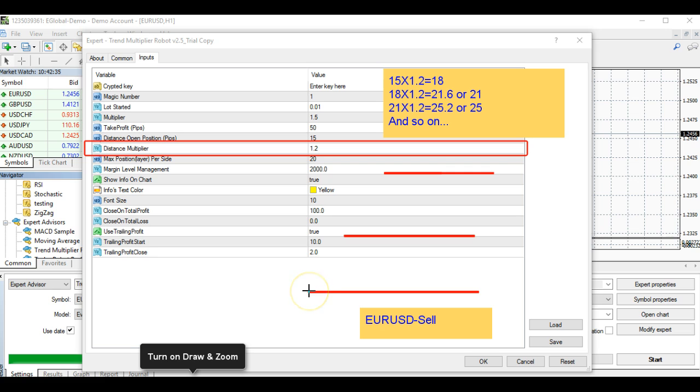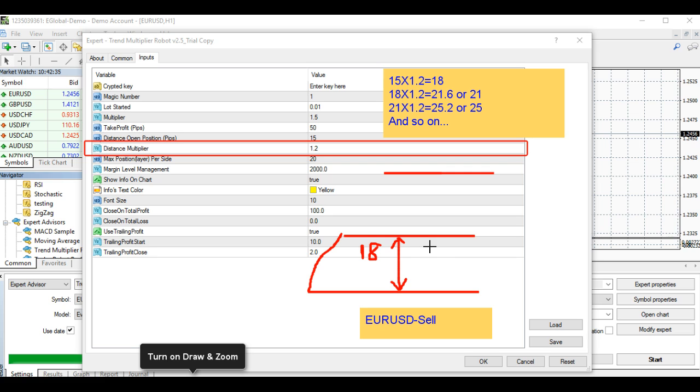So it is the reverse side. It will shoot up more. Let's say it hits this one. So first, the distance position is 15. Let's say this 15 will multiply by your distance multiplier, 1.2. So this is 18. It will trigger at 18, which means the next trade level is 18 pips. So how is it? 18 pips is this distance. Alright. We talk about this distance.